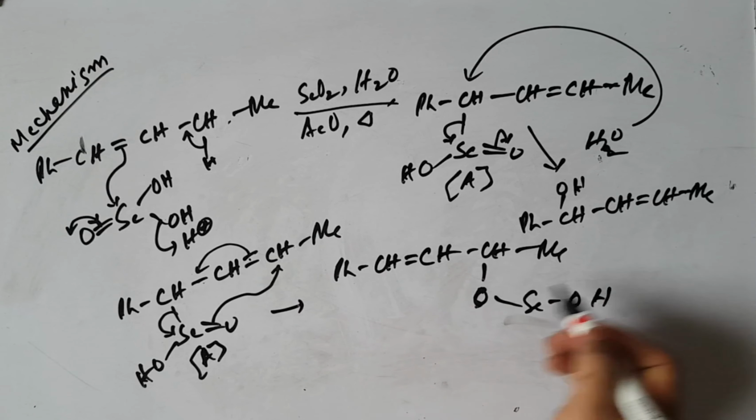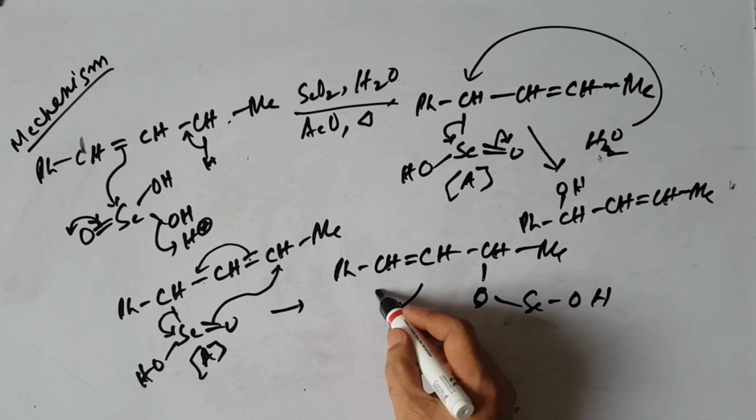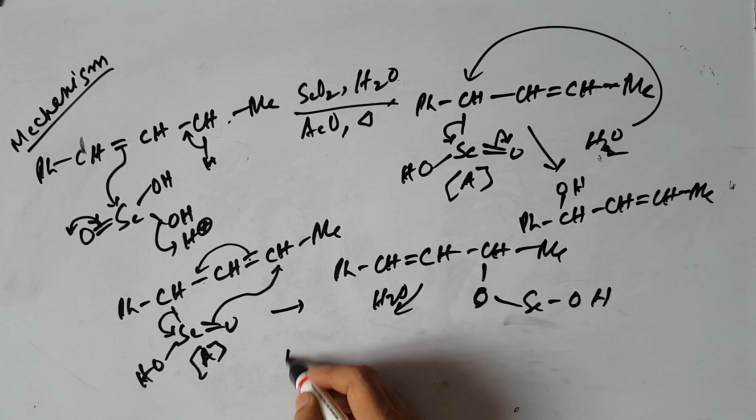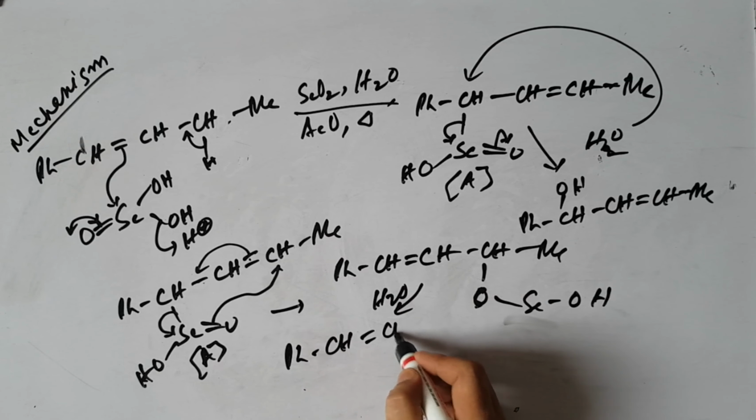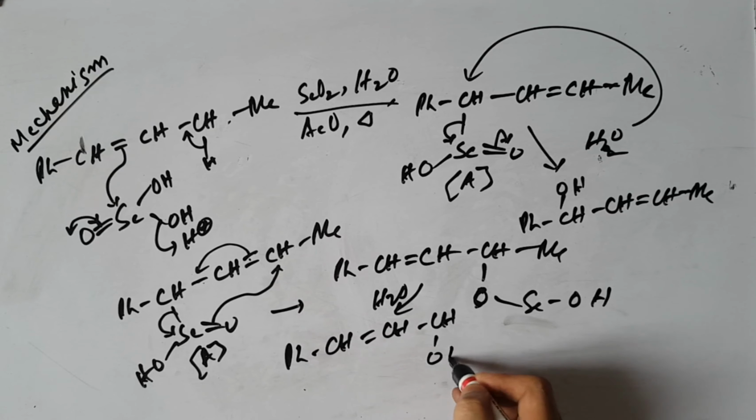This is how the hydrolysis works. By hydrolysis of this one, we get phenyl, CH, CH, CH, OH, methyl group.